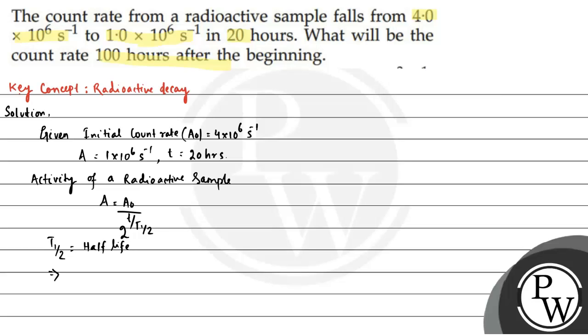You know that A is given as 1 into 10 to the power 6, and A naught is 4 into 10 to the power 6, divided by 2 to the power T by T half.